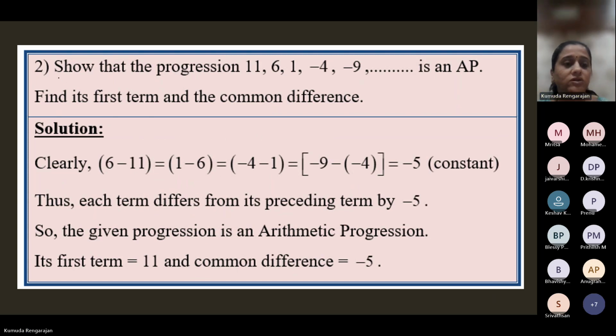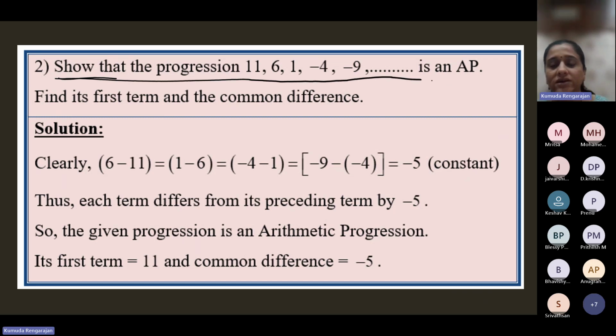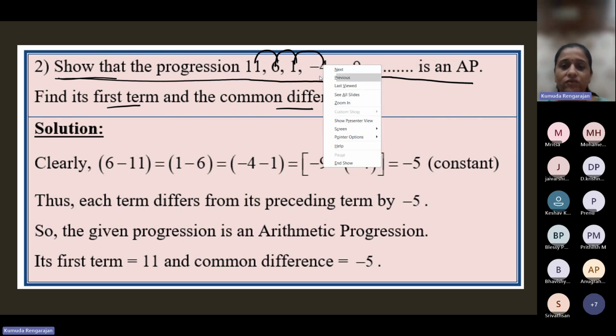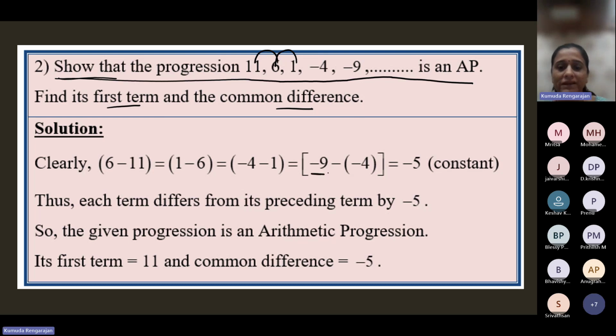Same thing here. Show that the progression 11, 6, 1, -4, -9 is an arithmetic progression. Find its first term and common difference. So 6 minus 11, -5. 1 minus 6, -5. -4 minus 1, -5. -9 minus -4, -5. You should find the difference between a term and its preceding term.